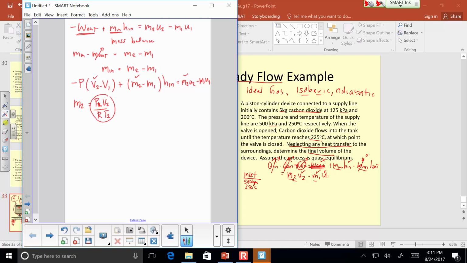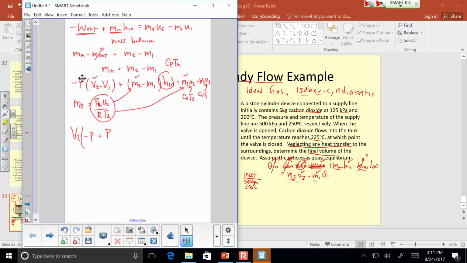So if we sub this in to our equation everywhere we have M2 and we collect our terms, we can solve for V2. Are you ready for this? Okay, so V2 multiplied by negative P plus P, oh, and we're substituting in C sub P T in for that, C sub V T2 for that, C sub V T1 for that.